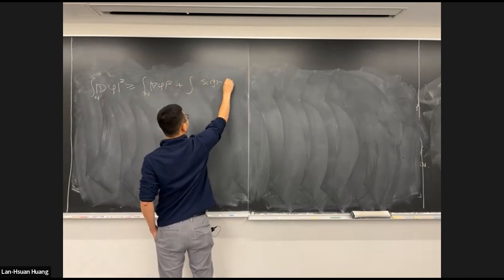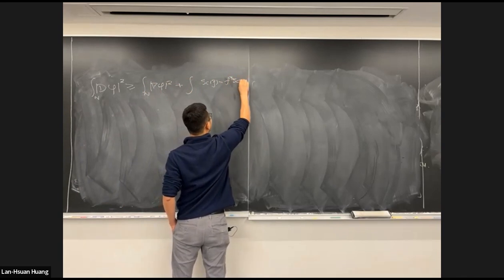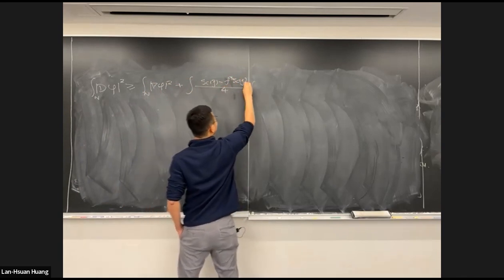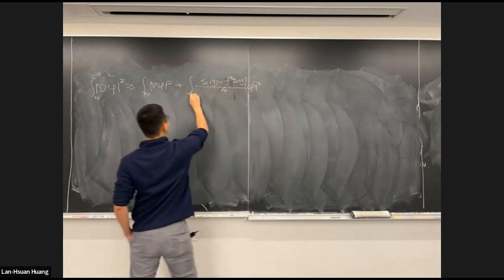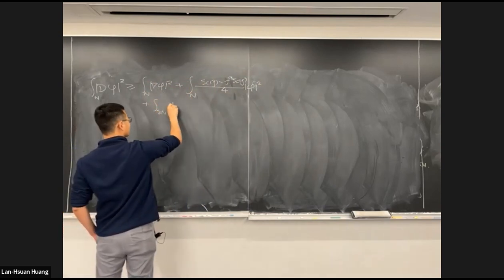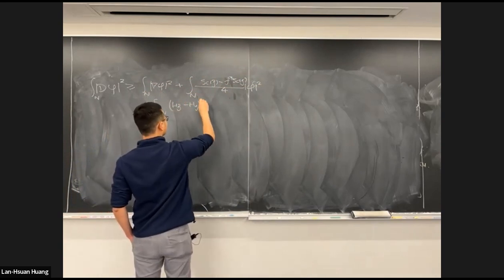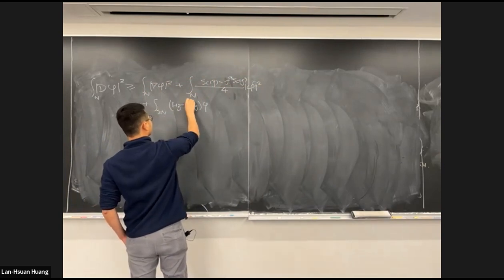Scalar curvature. This is over n. And then you have the mean curvature. This is the pullback as well.